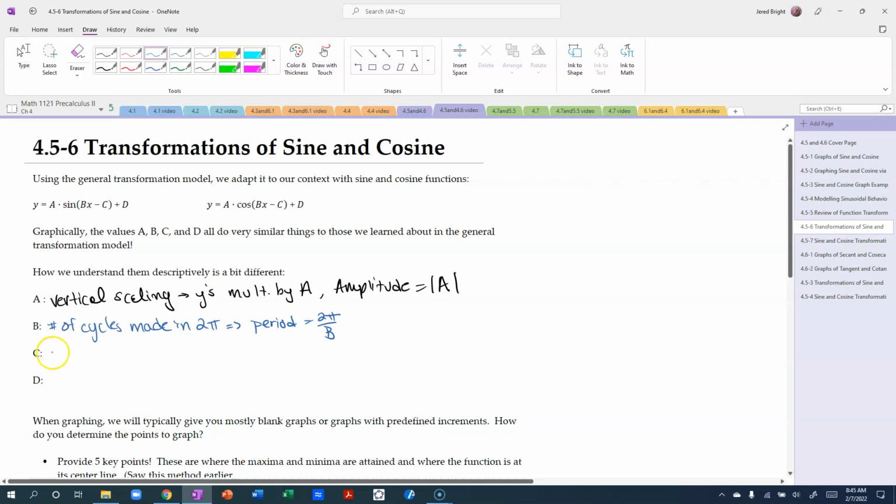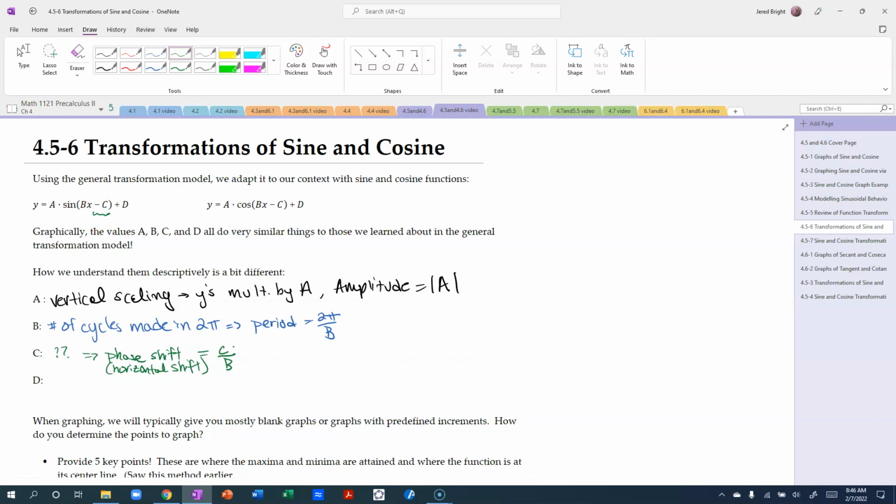C is the one that's odd. Technically, there isn't a good name for this, but we call it the phase shift, which is our horizontal shift. We find this algebraically by taking C divided by B. Note that if we have bx plus something, we need to treat that as the opposite, a minus.